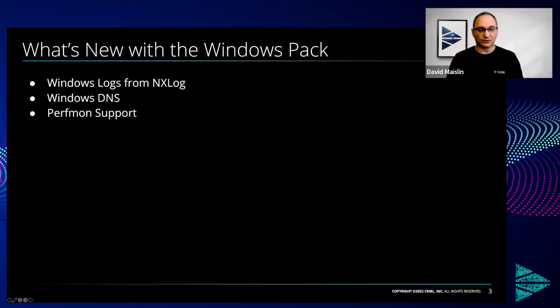So the most recent updates to the pack as of this morning, and I might choose a different path in the future, is one of my customers asked me if we could support Windows events coming from NXLog that were in a syslog format. And normally, I might create a pack for NXLog that's dedicated for that. And NXLog can do a lot of cool things. It does syslog support. It can do JSON.